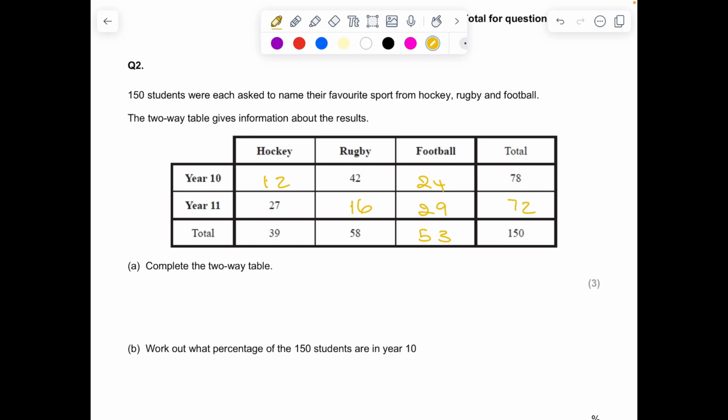And I can always check if 27 plus 16 plus 29 equals 72. So I can always check that on the calculator. So 27 plus 16 plus 29. Does it give me 72? It does indeed. So they are all correct.